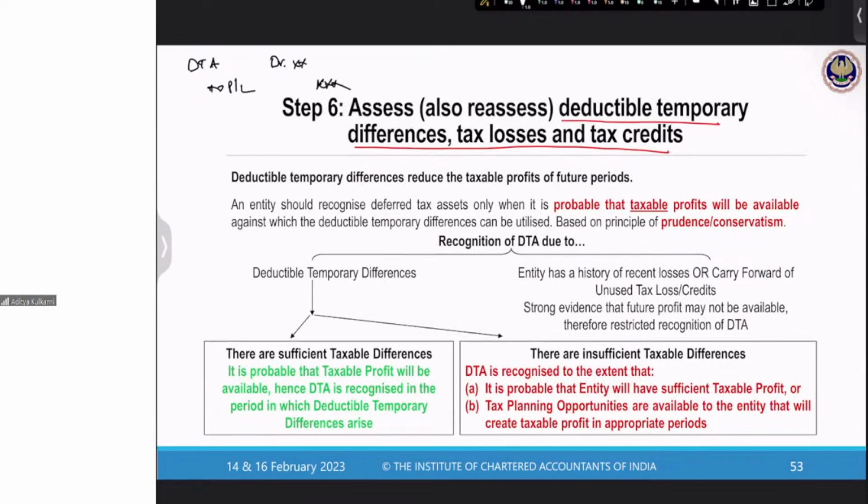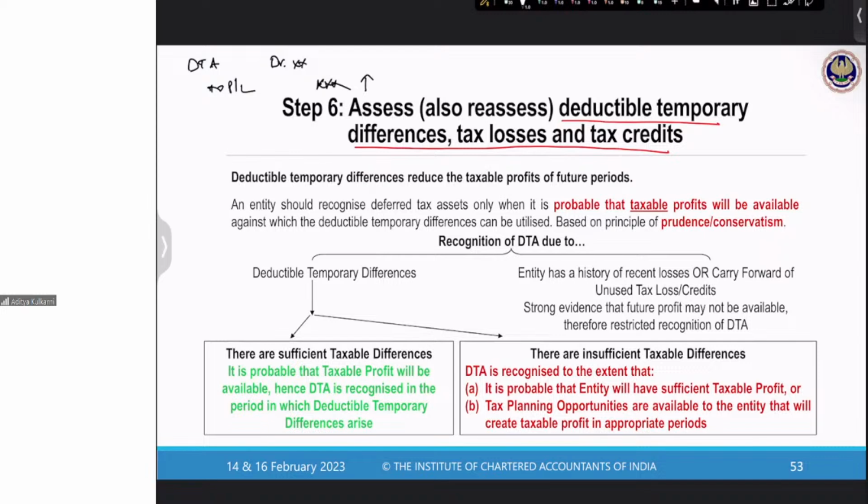Why? Because this particular entry is increasing the profits. So whenever they see DTA, you will find that the accounts manager and the director start jumping up from their seats because the dividend distributable profits start to increase.